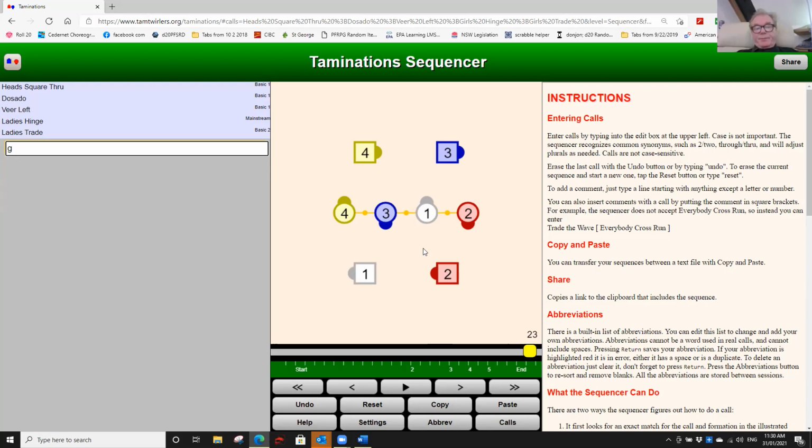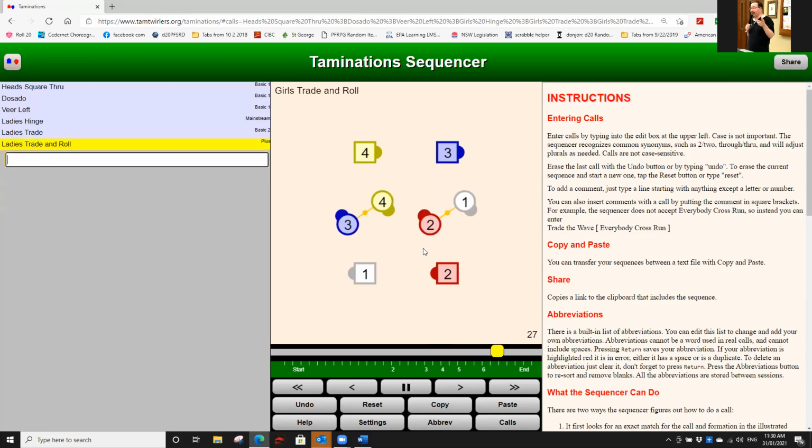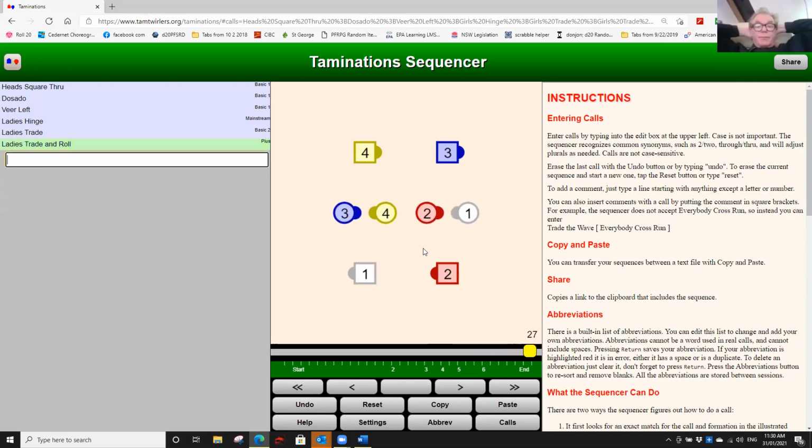This all seems incredibly complicated to me. Can you have girls trade and roll? Yeah, just have the girls trade and roll, or quarter in, or however the program will do it. Now just look at two things. The boys are around the outside, where they always are in any normal thing, and you can see they're in sequence.